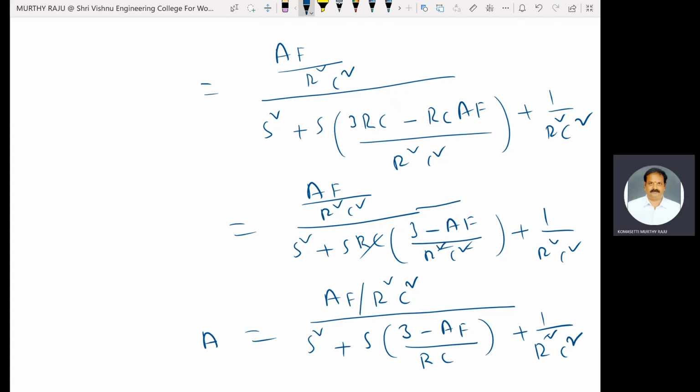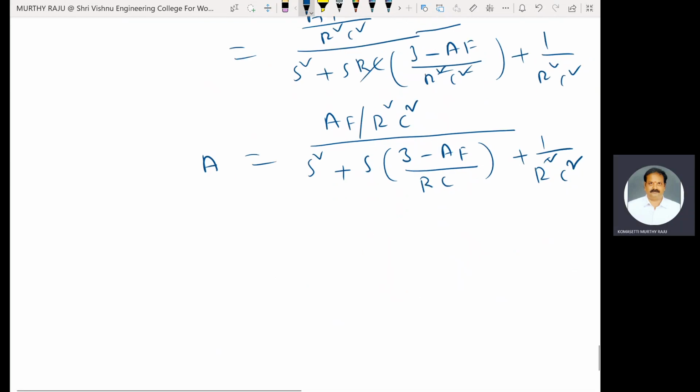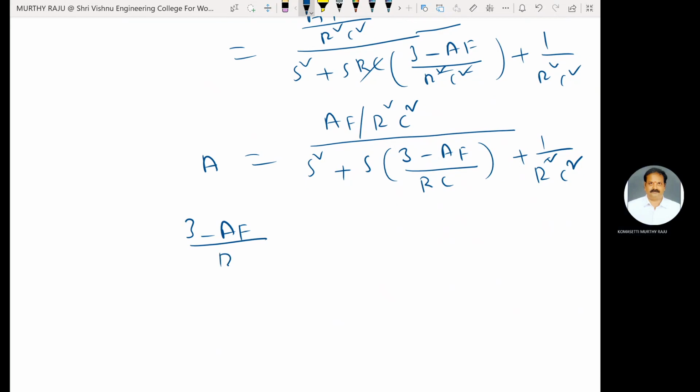Second order Butterworth filter. The middle term required is root 2, that is, 3 minus AF is equal to root 2.